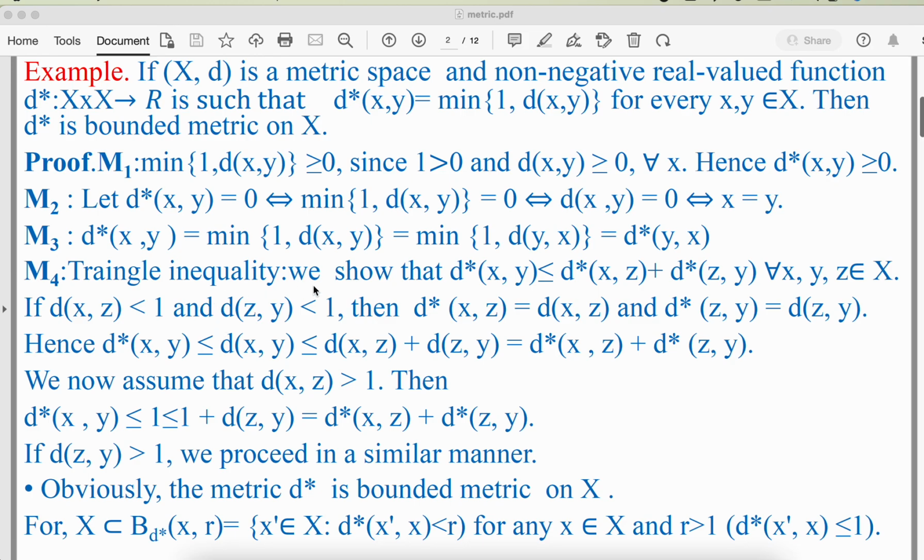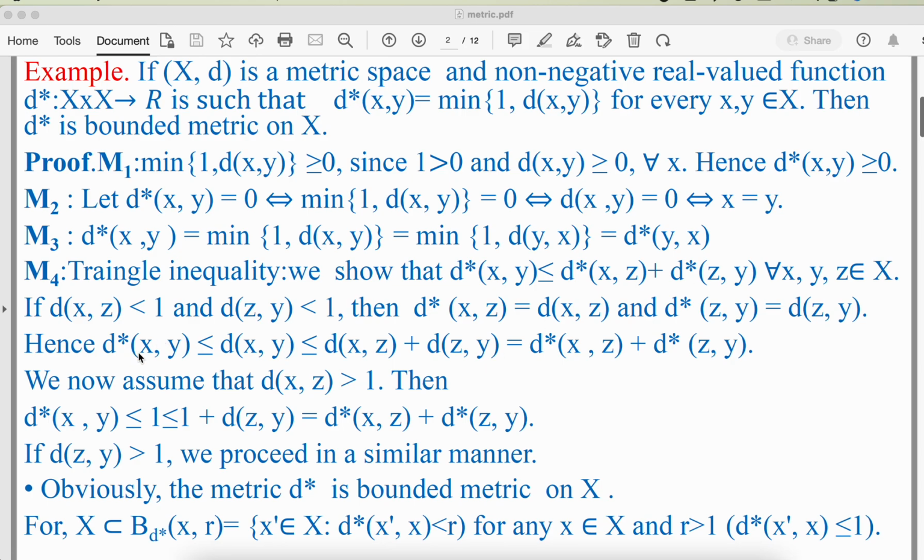So to prove the triangle inequality, we assume that d(x, z) is less than 1 and d(z, y) is less than 1. Means this is minimum between 1 and d(x, z), and this is minimum between d(z, y) and 1. It means d star(x, z) is equal to d(x, z) and d star(z, y) equal to d(z, y) for this particular case.